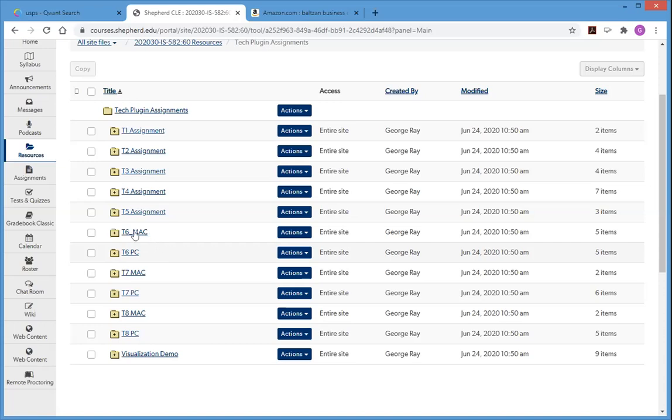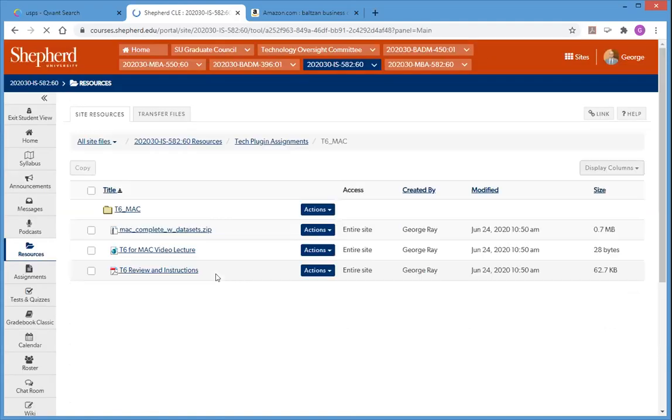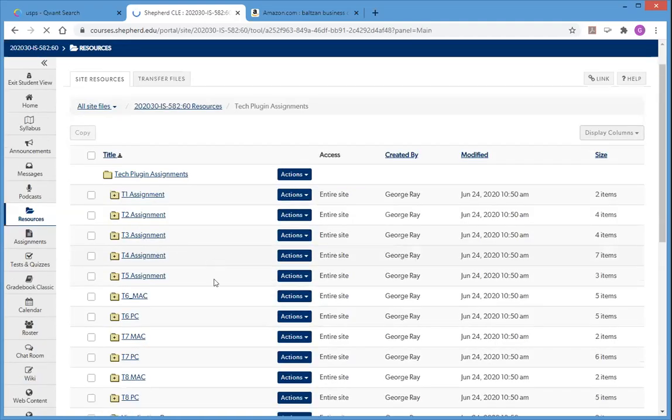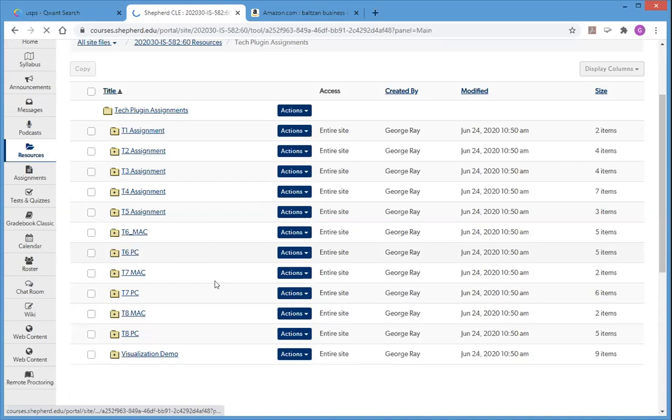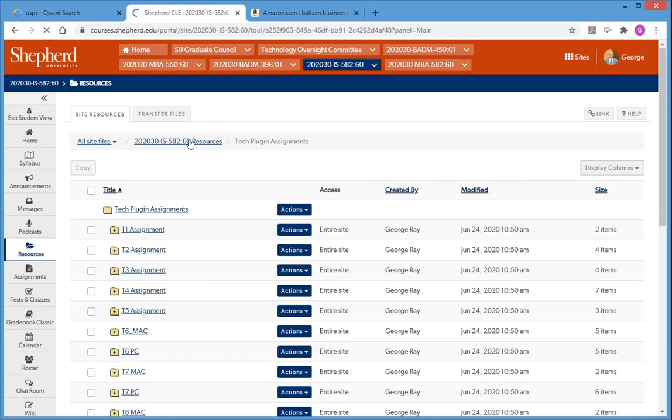So for Macintosh, they ship with a database known as SQLite 3. So the learning materials for the Mac folks will be on SQLite 3. And then likewise, that's T6 Mac, and then T6 PC, the learning materials will be for Microsoft Access. Okay, so these are the tech plugins that we'll be doing, and again, that's an important part of your grade.